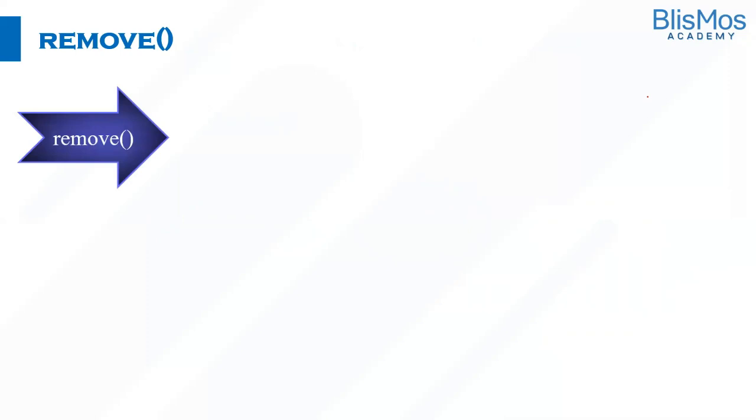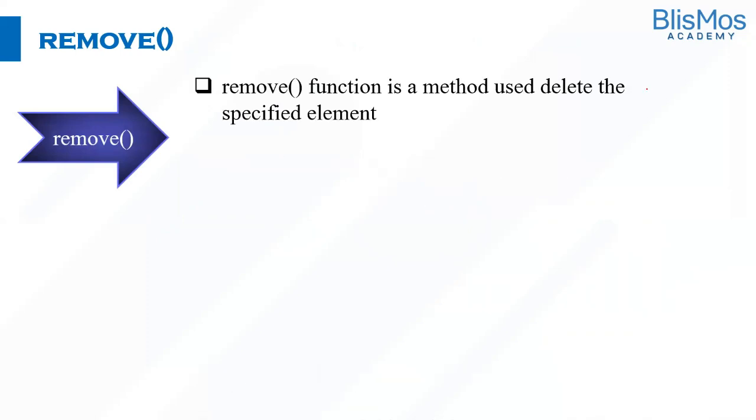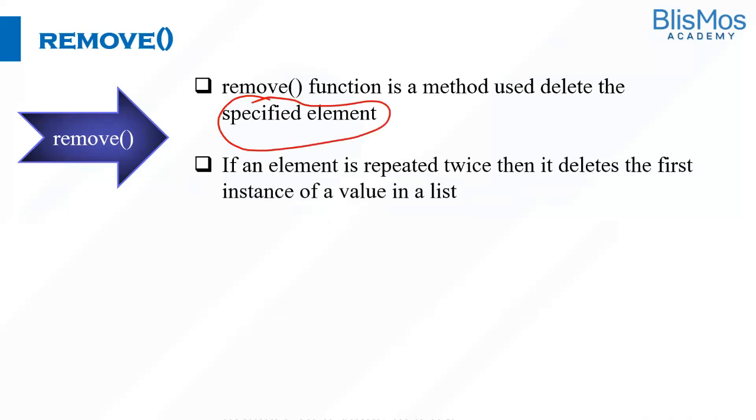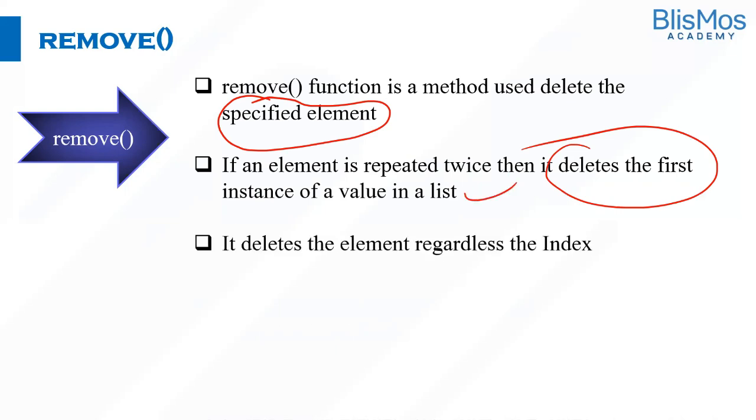What does remove do? Very simple. The remove function deletes the specified element, and whenever a particular element is repeated twice, it deletes the first instance of the value in a list. Let us take an example here. You have an array with some elements 10 to 50. 10 is repeated.